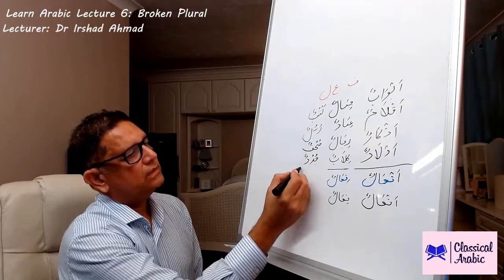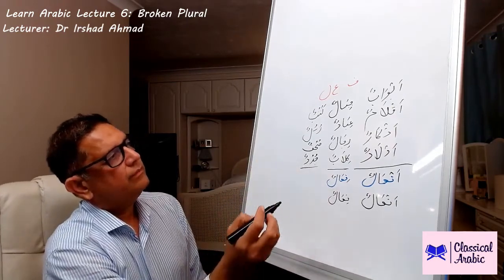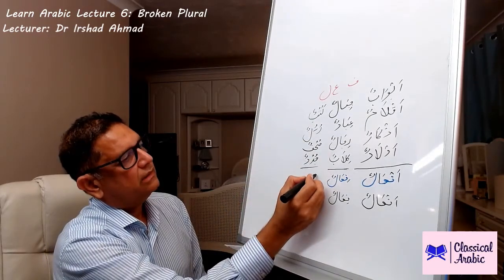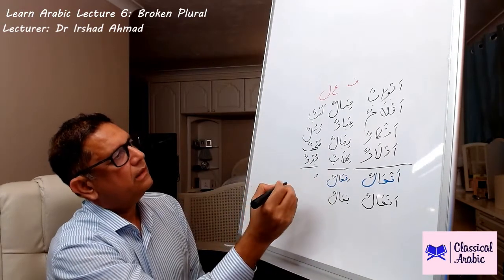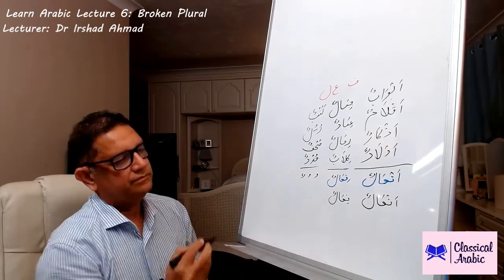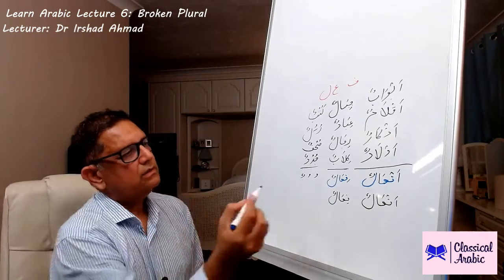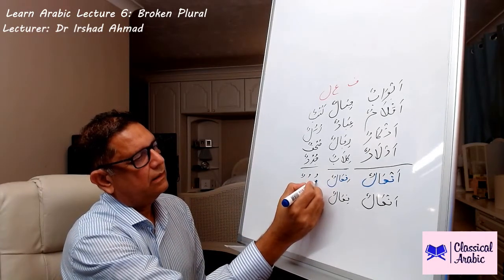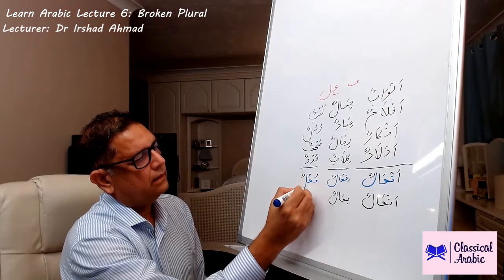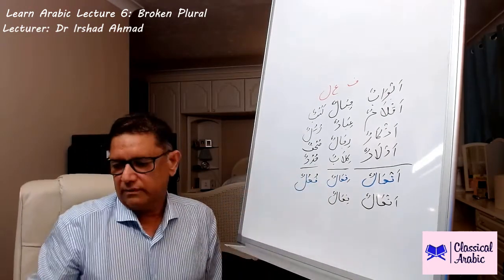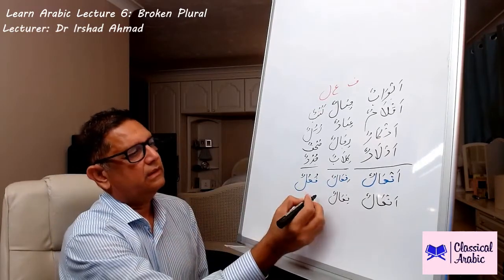So these are plurals. So the pattern will be, here we will have dhamma, dhamma, and tanween dhamma. So fa ain lam, fa ain lam. So we have fu'ulun, the pattern of fu'ulun.